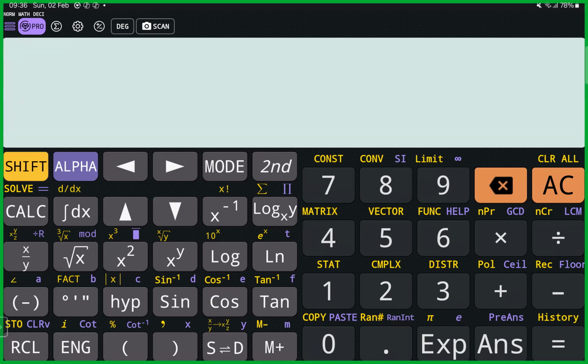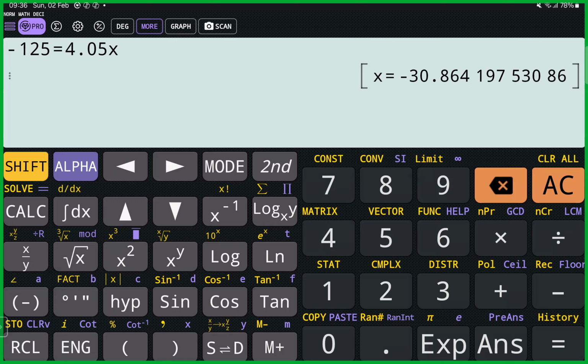So it was minus 125 equals 4.05x minus 4.9, and your time was 4.05 squared.